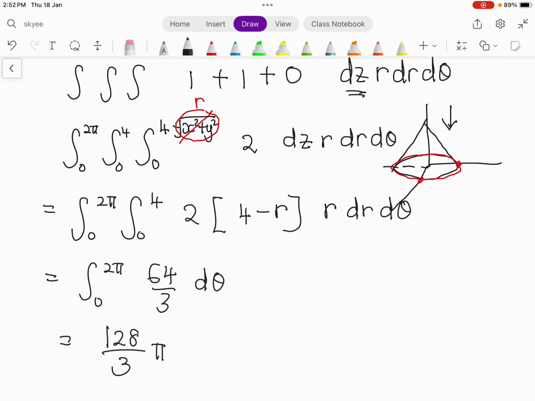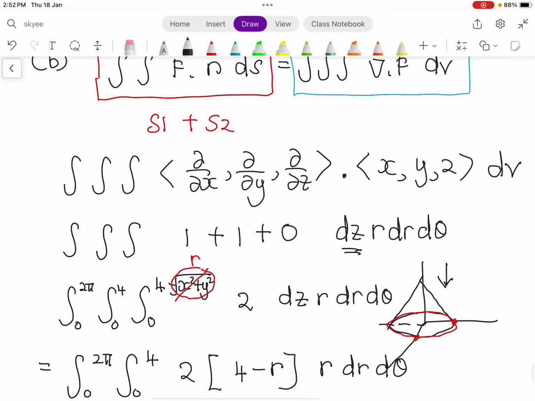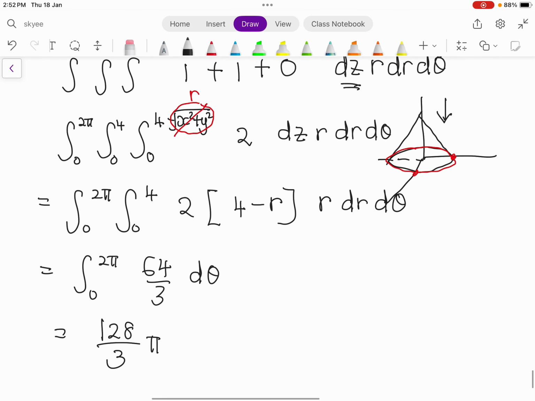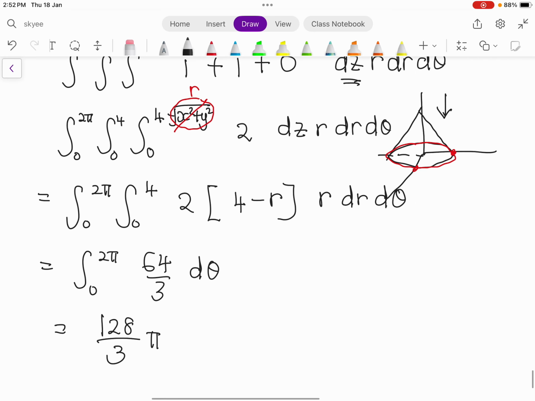So this is the answer that we can find by using the Gauss theorem. It is much simpler. You see, just a few steps and you can get the final answer. Whereas if you use the equation at the left hand side, you have to find the surface 1 and also the surface 2. You can see that their answers are the same. So this is question number 3a. And so it's number 4.